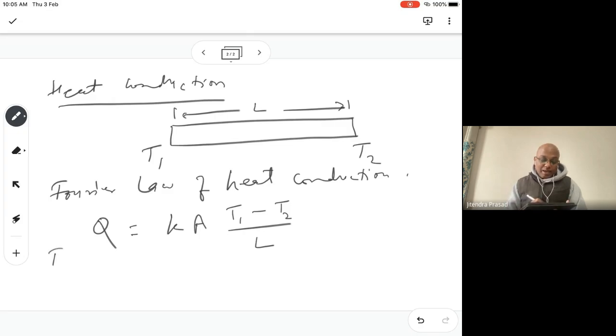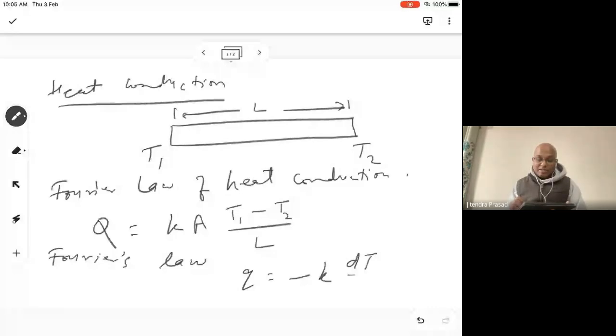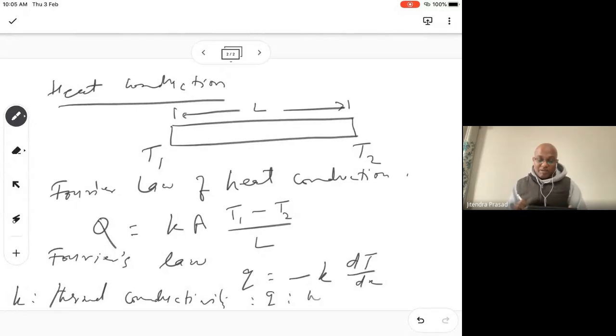However, in a differential format, Fourier's law is Q equals minus K dT over dx, where K is what is called the thermal conductivity, and Q is also known as the heat flux.